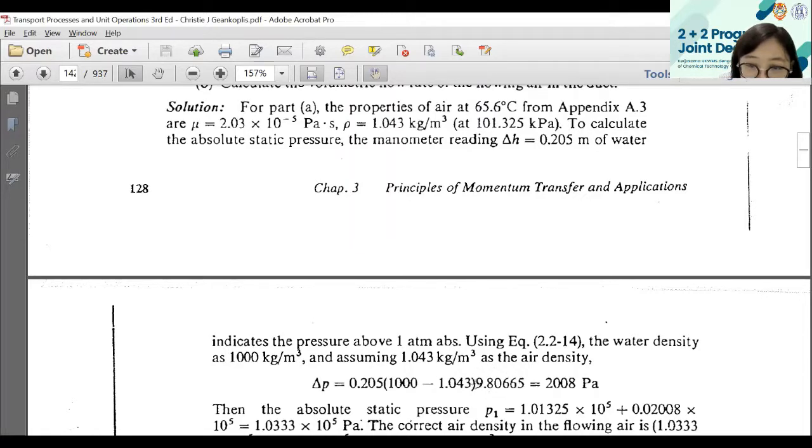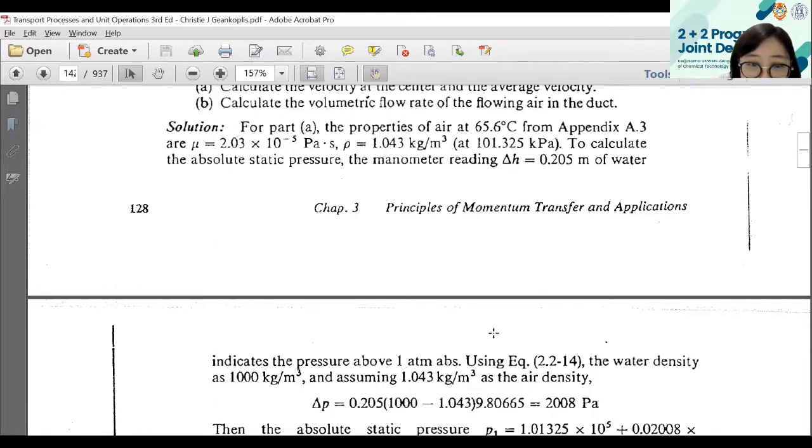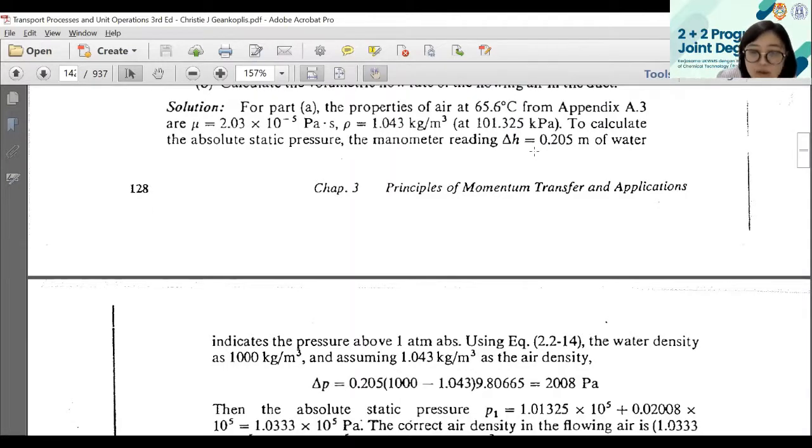This is the g, gravity. And here, the water density I assume as 1000 because we don't know the temperature of the water. And for air, it's 1.043, at 180 m.